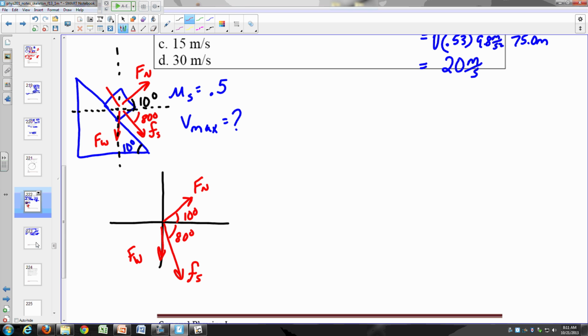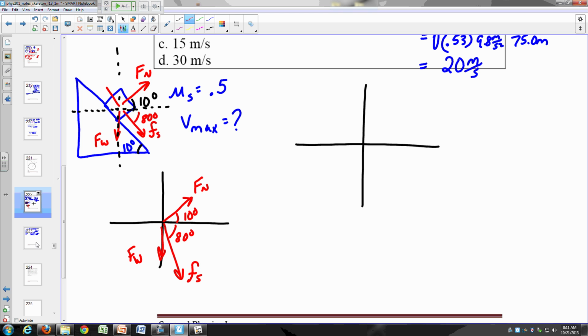What are the forces that cause this car to move around in the circular path? There are 2 forces. What are they? Right, the normal force and the static friction. But look, they're just components of those.